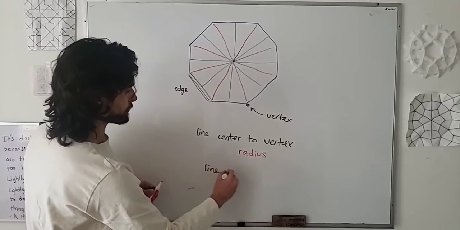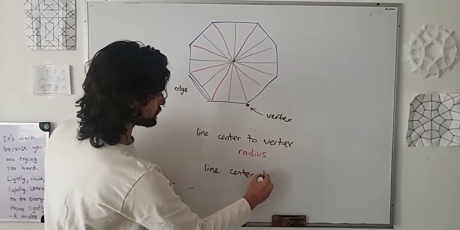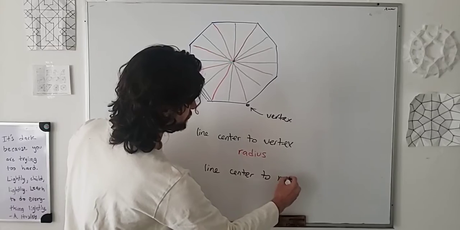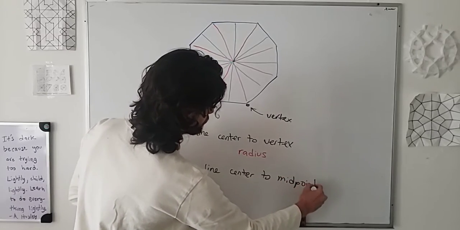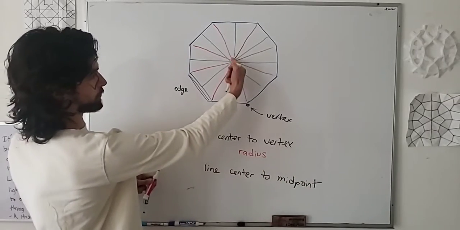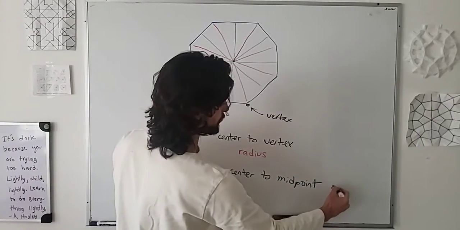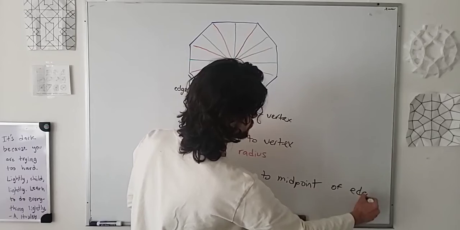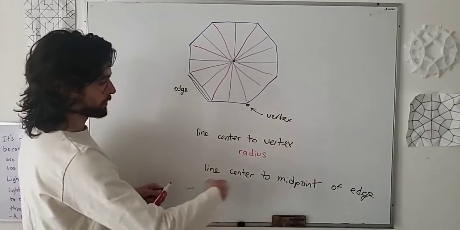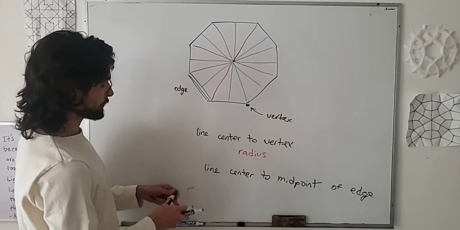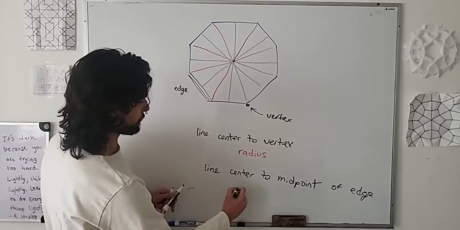Line center to the midpoint, which is this one, from center to the midpoint of the edge. Line center to the midpoint of edge, we call that the apothem.